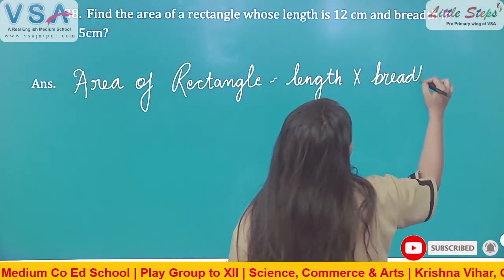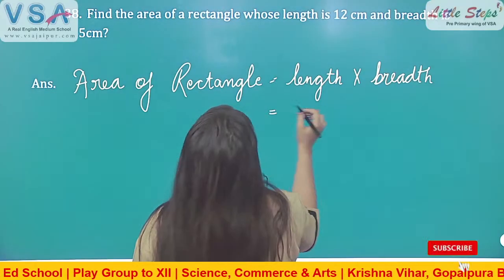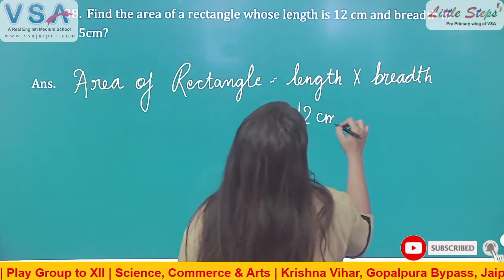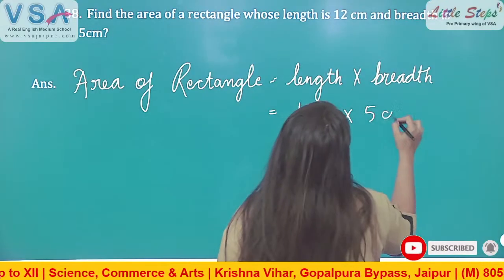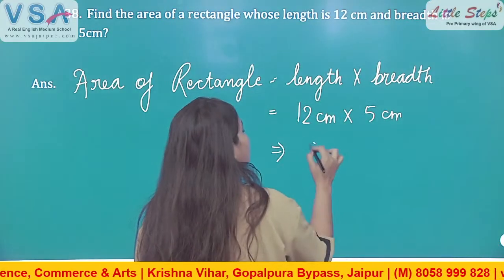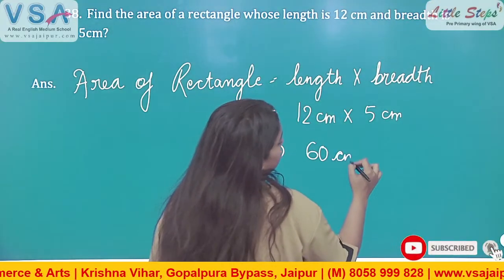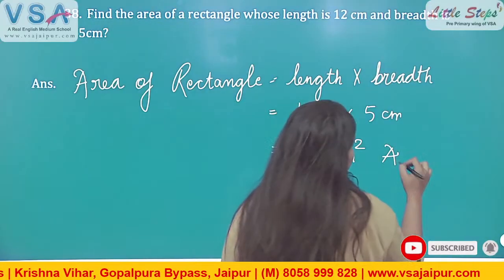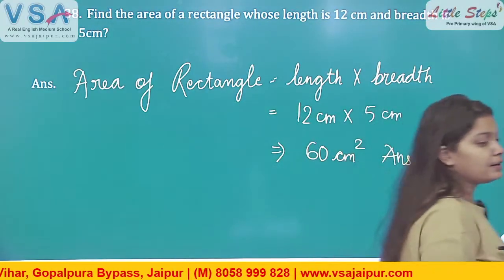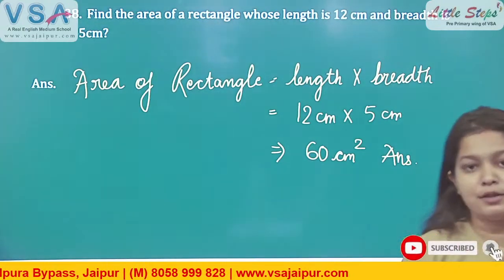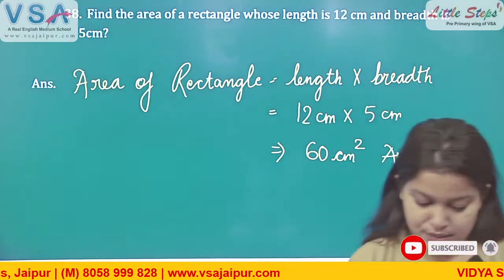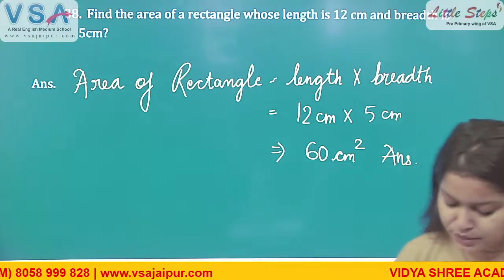What you need to do, 12 centimeter multiplied by 5 centimeter. 12 times 5, you all know, 60 centimeter square is the answer. Clear? This kind of word problem will also appear in your exam. You will see these kind of questions also.